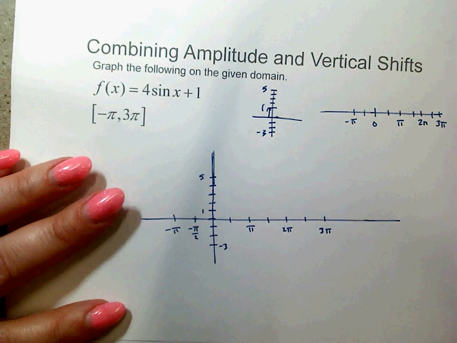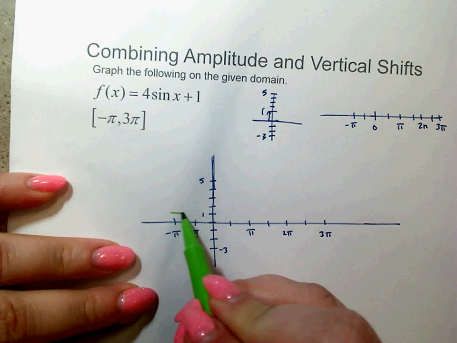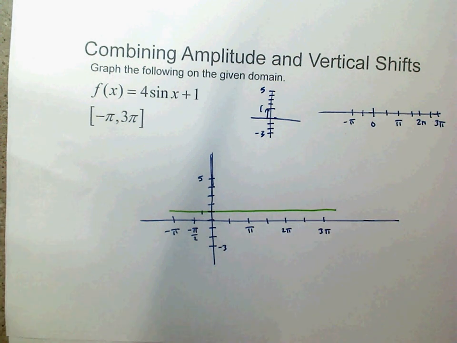So my midline is going to be at 1. And my amplitude lines are going to be 4 up and 4 down.